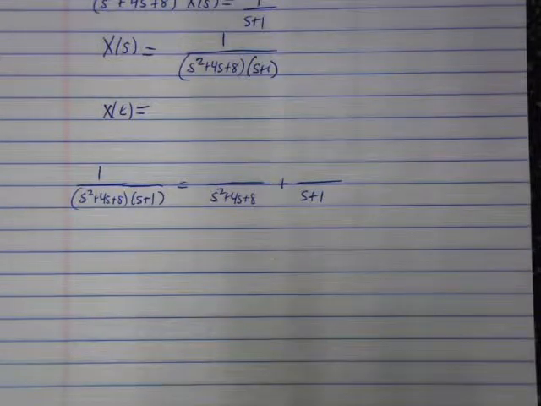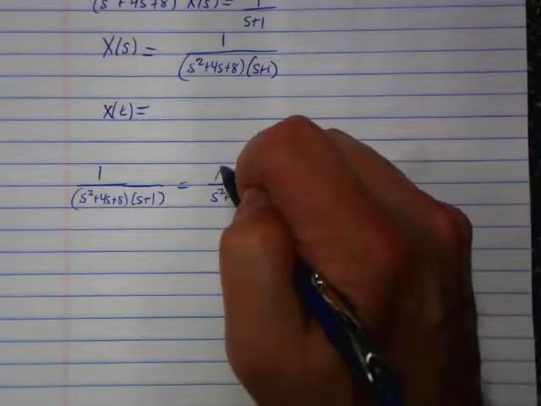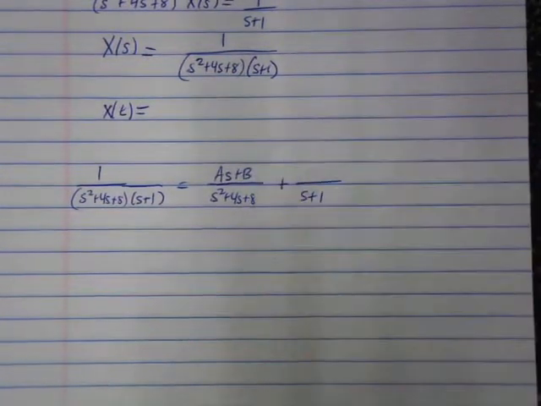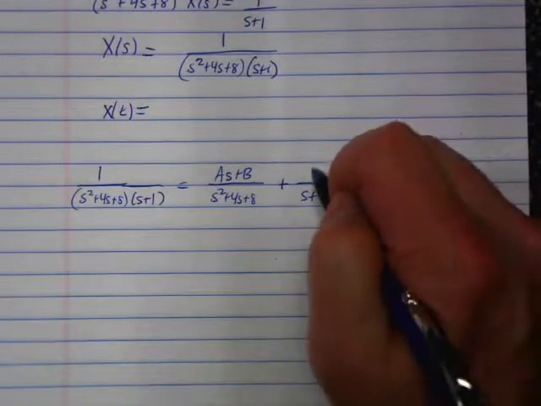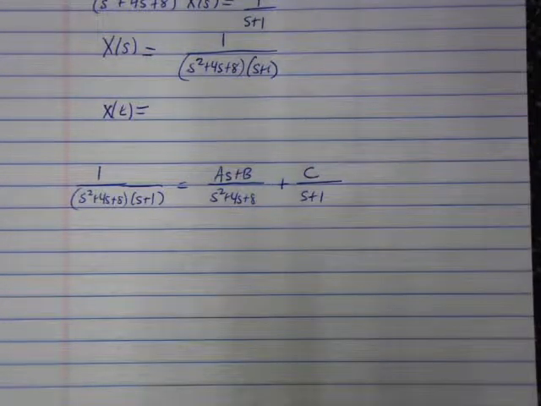What has to go on the top of my fractions? As plus b, and c. The first one needs an as plus b because that's a quadratic on bottom, which doesn't factor. And the second one just needs a c because that's linear down on bottom.